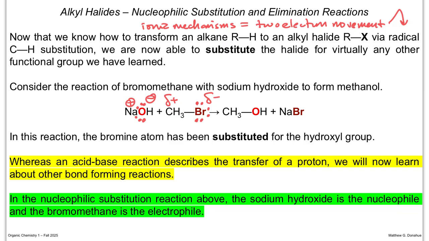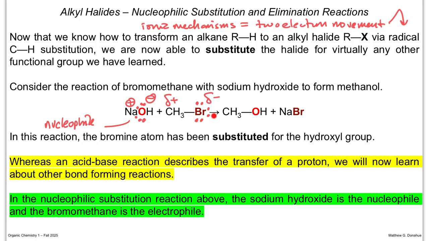The nomenclature part: this anion, using just the general term, the anion is supplying electrons to form a new bond. That's called a nucleophile.